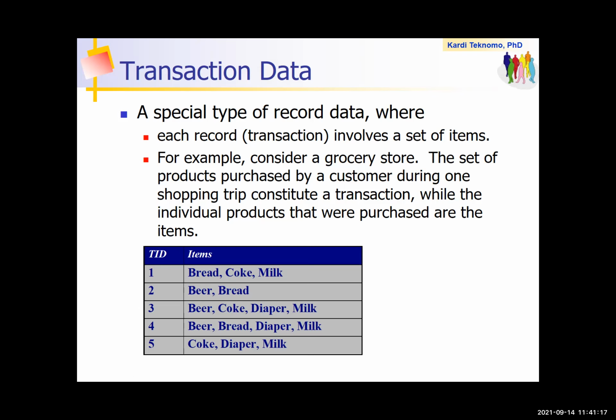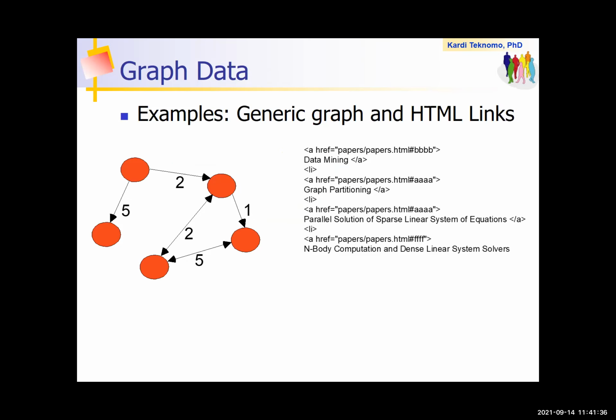Using transaction data, what will you do? Again, we will find associations: how often beer, bread, for example, will be put together with milk, or how often tissue will be put together with vitamin C. Graph data is usually put into XML or HTML. Usually we can always put them into nodes and links.